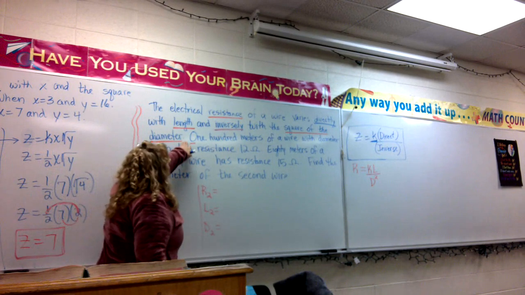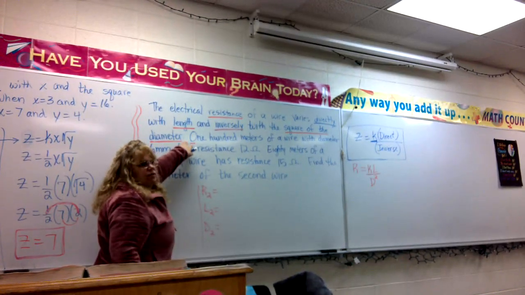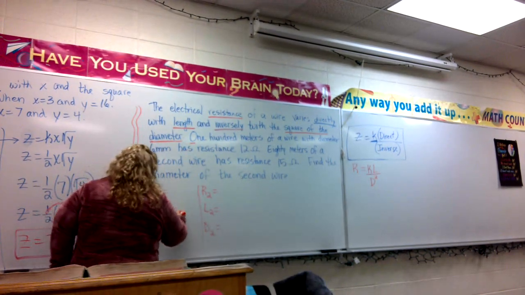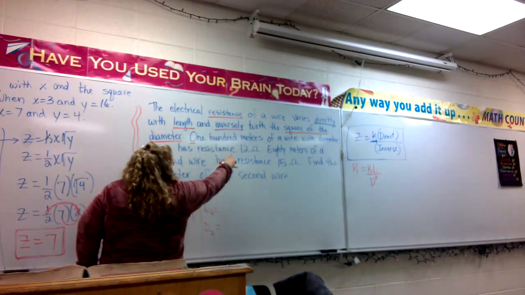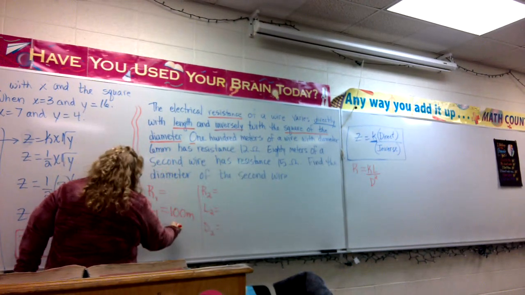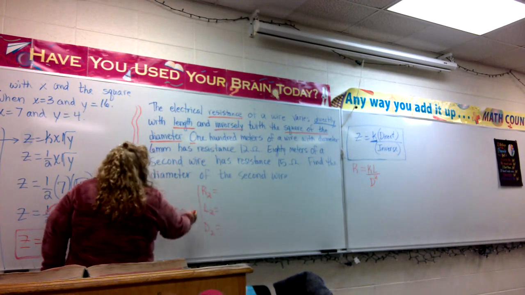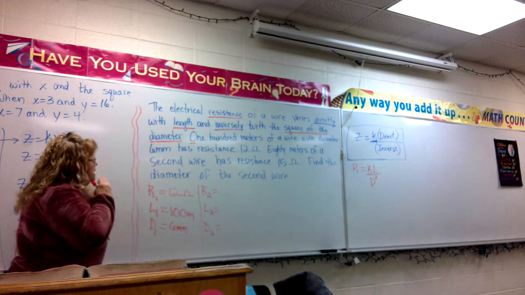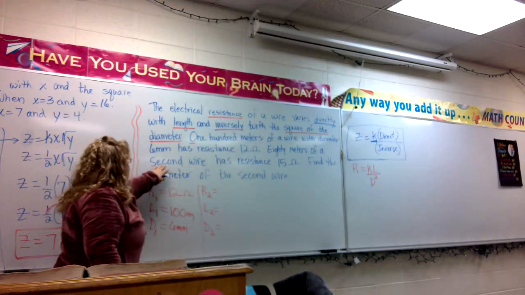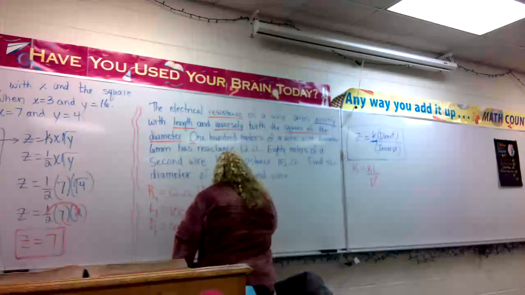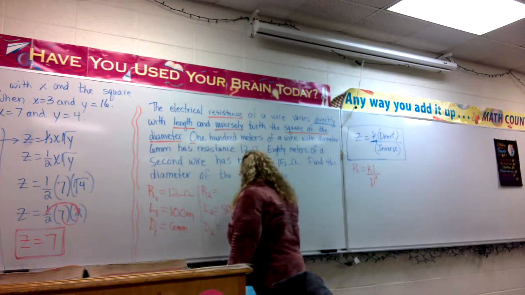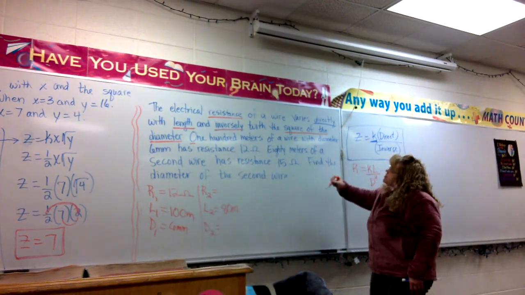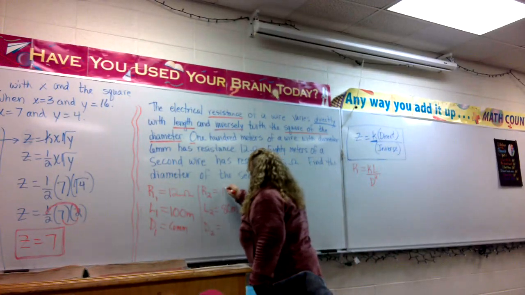Well, read this. 100 meters of a wire. What does that tell you? Length, right? 100 meters of a wire with diameter of 6 millimeters has a resistance of 12 ohms. So just fill it in. Then keep reading. 80 meters of a second wire, and it says it's made of the same substance, has a resistance of 15 ohms.